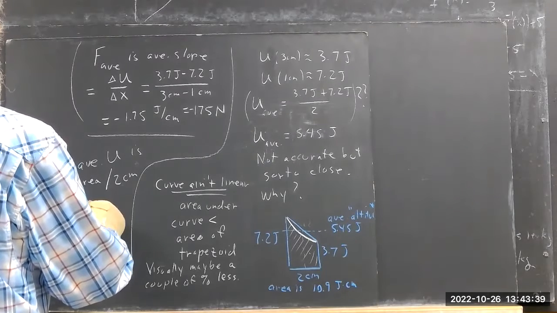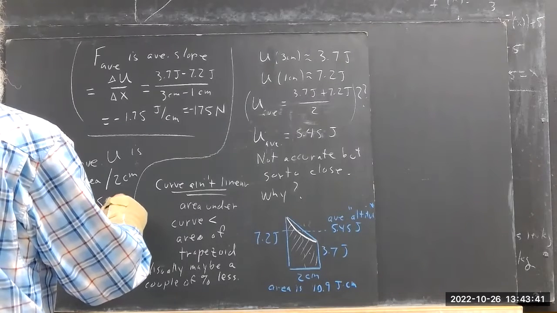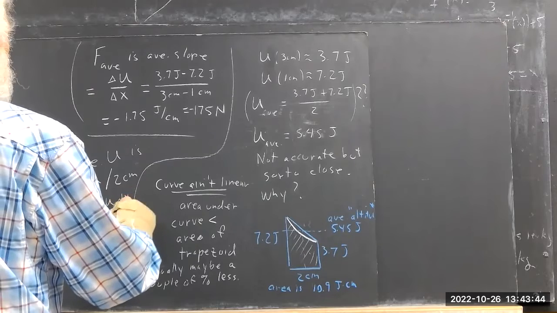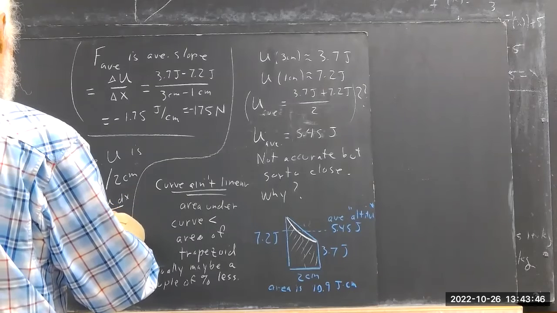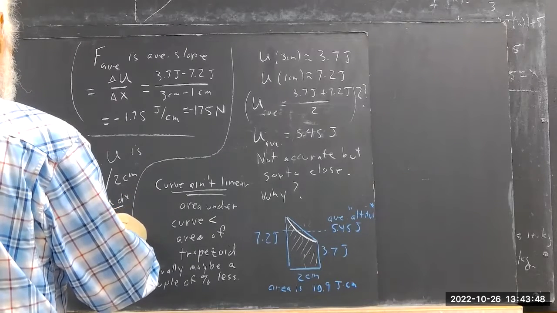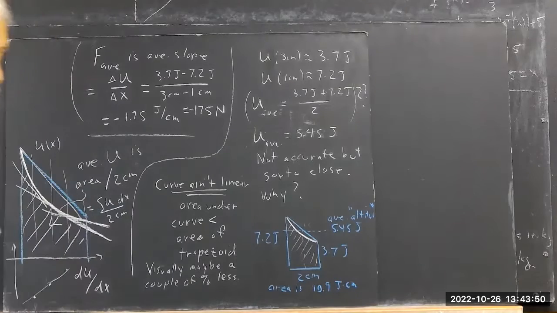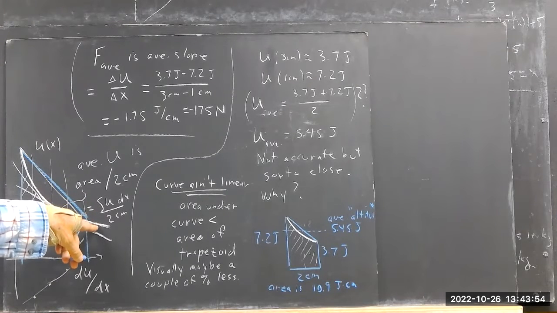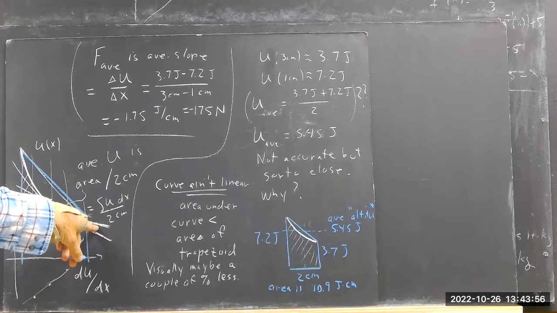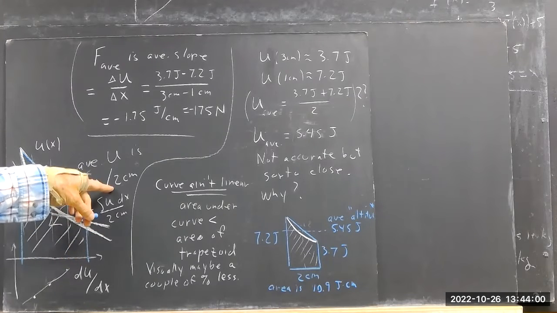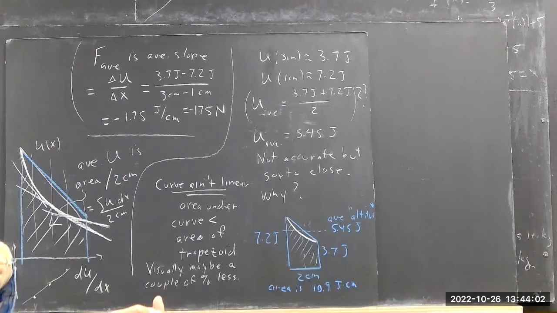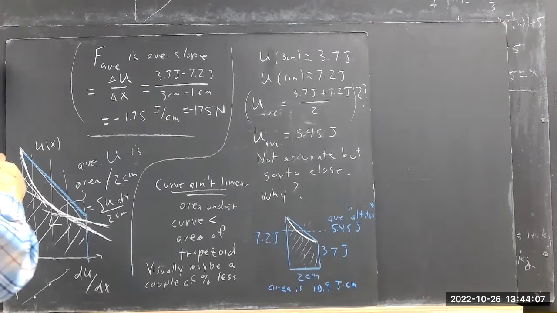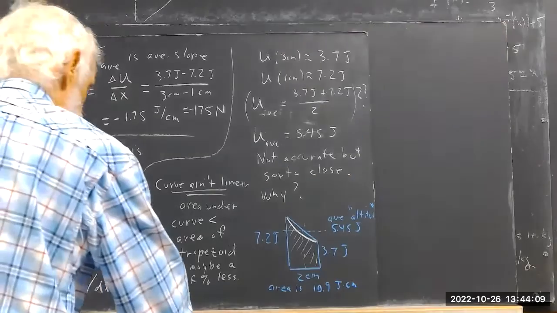The area is the integral of U, divided by the 2 centimeters. And this is one of the things that people really need to learn better in their calculus courses. The average value of a function is the integral of that function divided by the length of the interval over which you integrate. Okay, so this is kind of important. You want to know this.